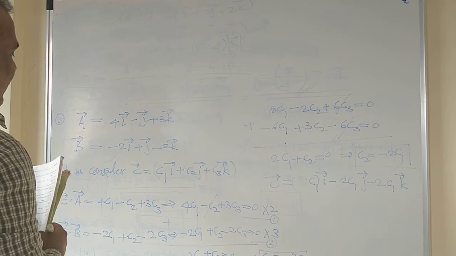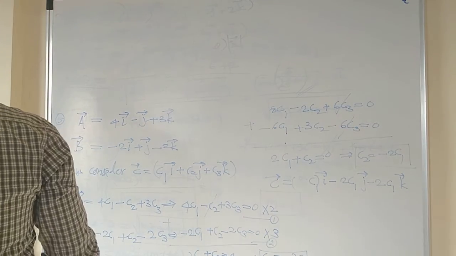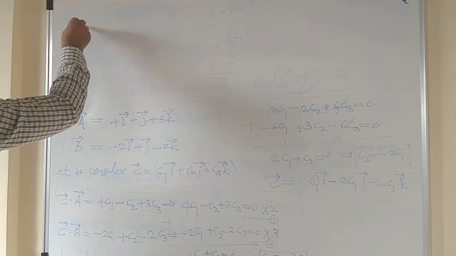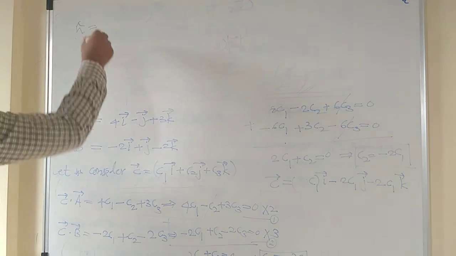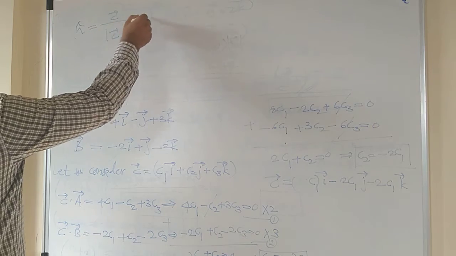Now, unit vector, we have considered this vector. Now, to calculate the unit vector, n cap is equals to a vector divided by its magnitude. Got it?